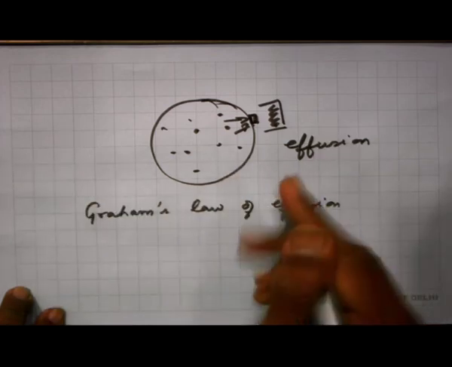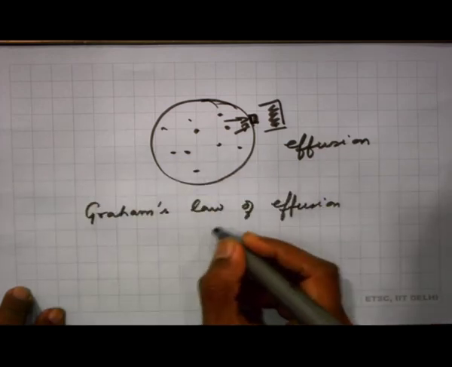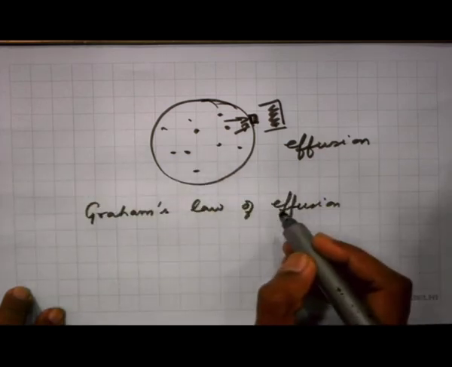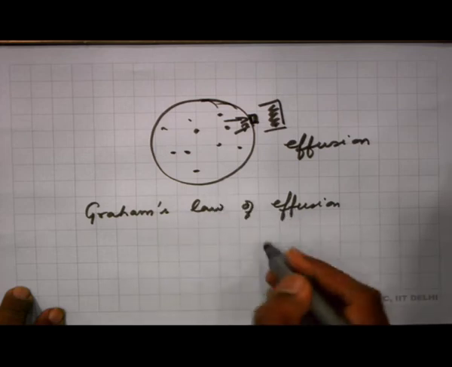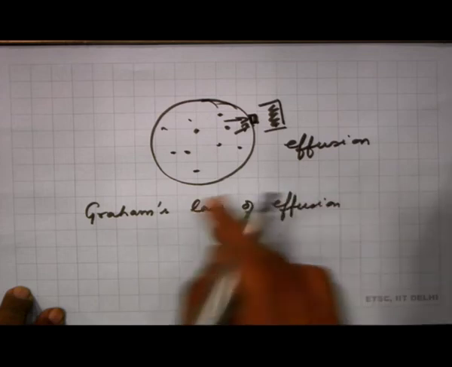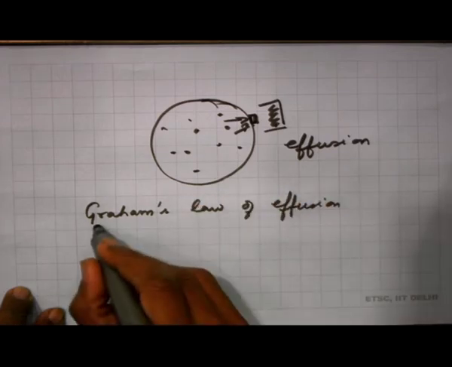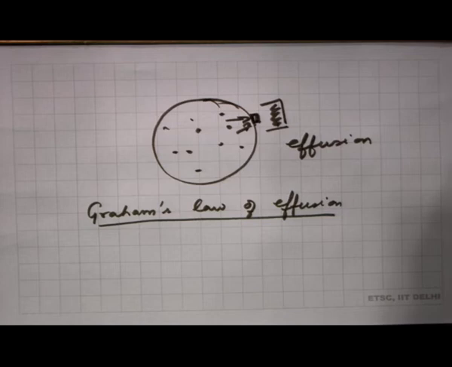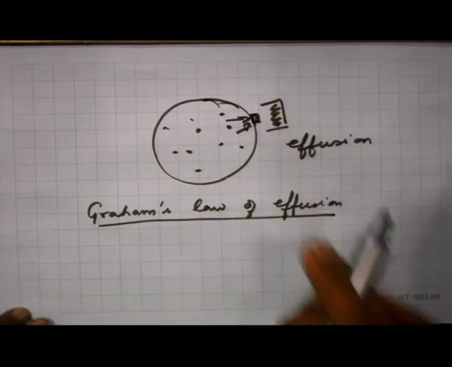You can work out that the collision frequency is inversely proportional to the root of the mass, which you can then relate to the density, and so this is what is called Graham's law of effusion, where you compare two different rates of effusion.